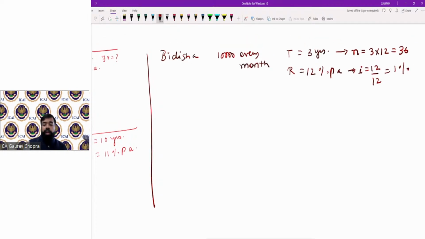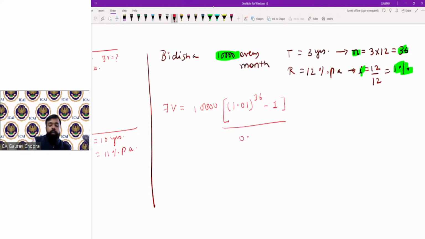So i should be 12/12, that is 1%. So now you have to use n as 36, i as 1%, and annuity as 10,000. Now calculate the amount. So future value is equal to 10,000, then 1.01 to the power of 36 minus 1, and then divided by 0.01.